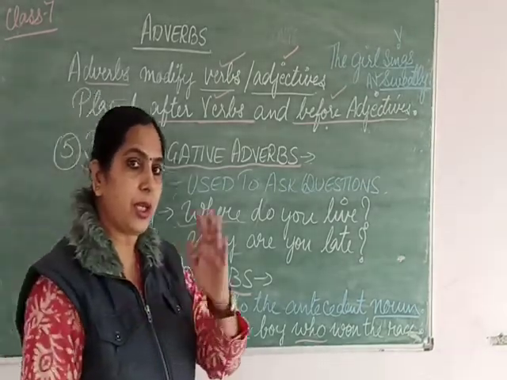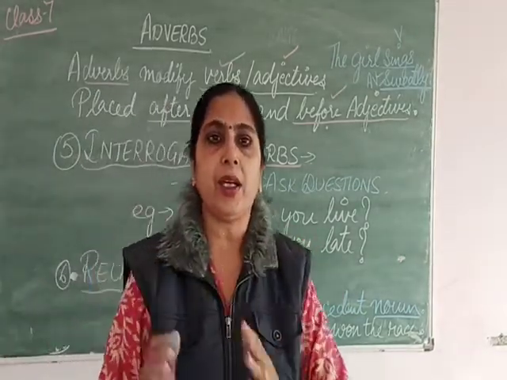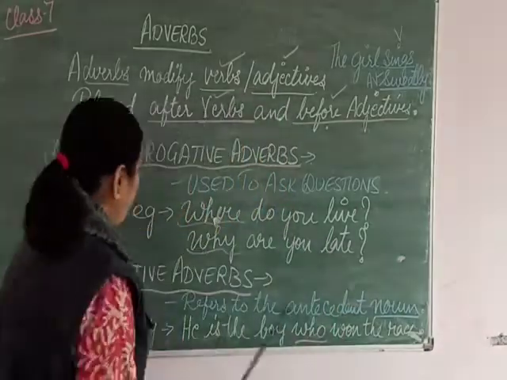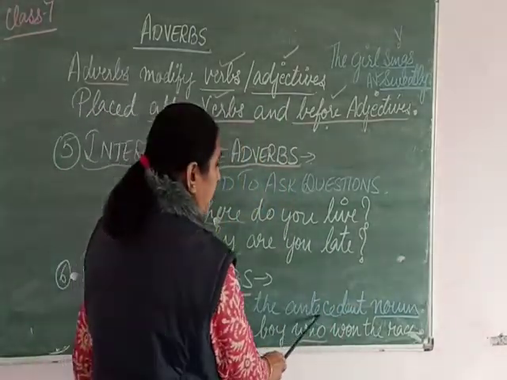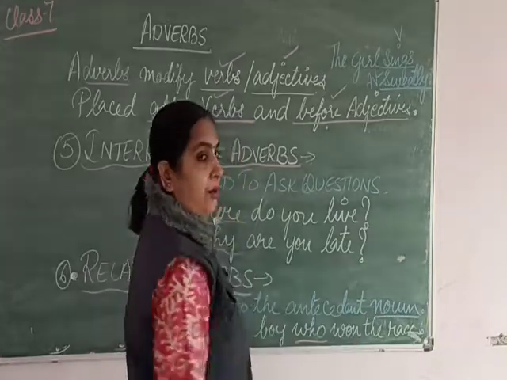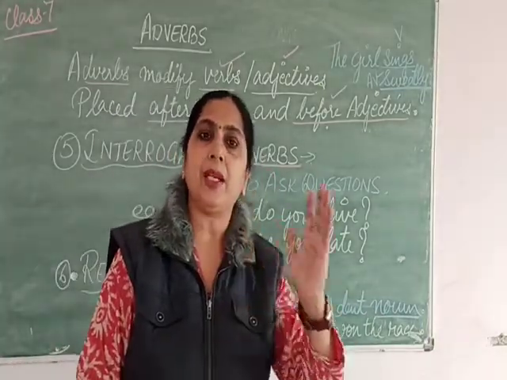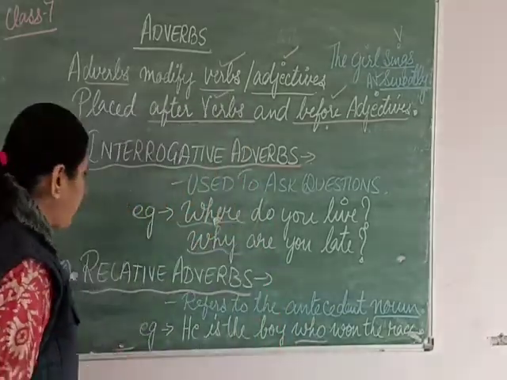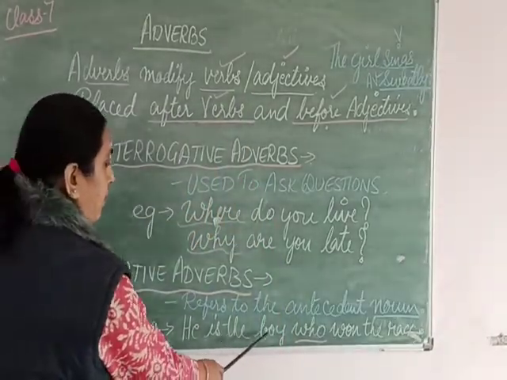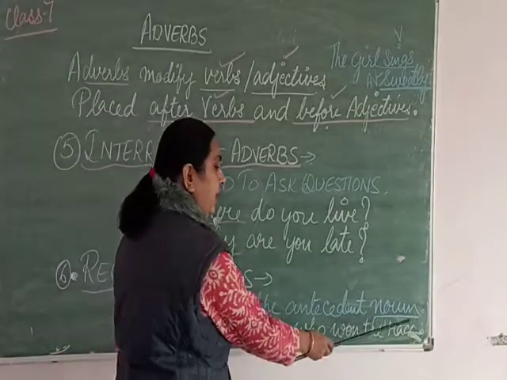It shows the relationship between the verb and the noun in a sentence. It refers to the antecedent noun. Now, with an example: he is the boy who won the race.